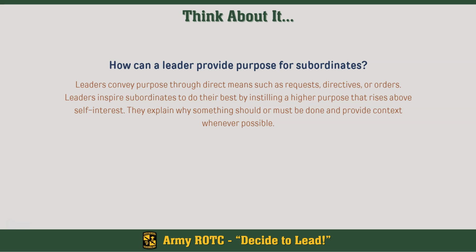But even bigger and more important is that leaders need to inspire their subordinates to do their best. We do that by instilling that higher purpose, the higher reason, the big picture, which rises far above our own and our subordinates' self-interests. We need to be able to explain why something should or must be done, and again, provide that context whenever we can. So really that comes down to being transparent.